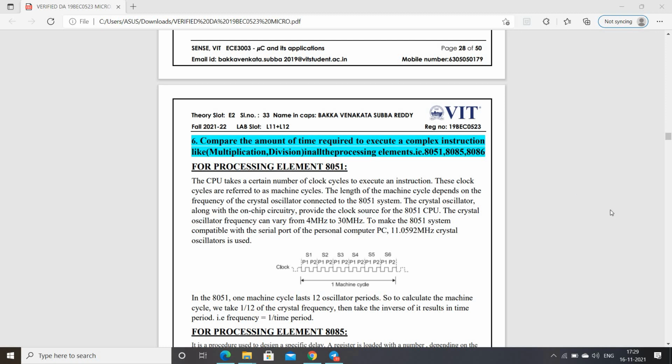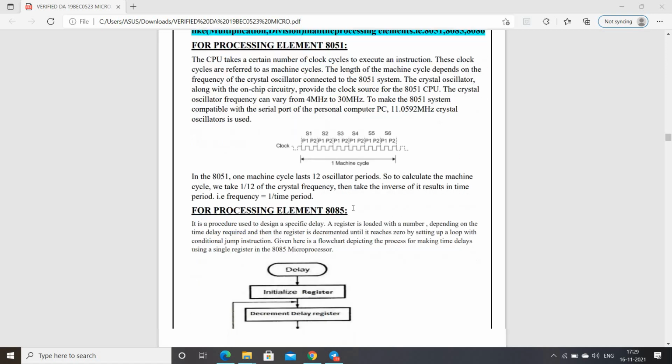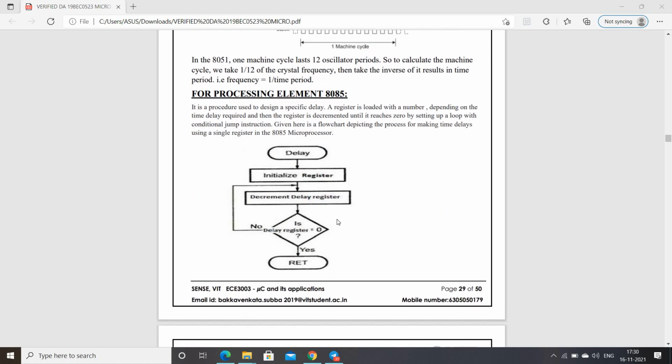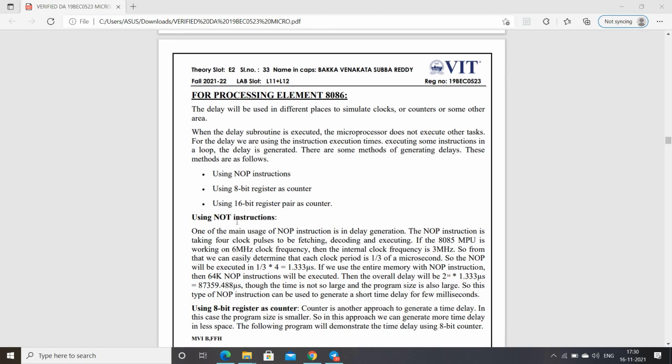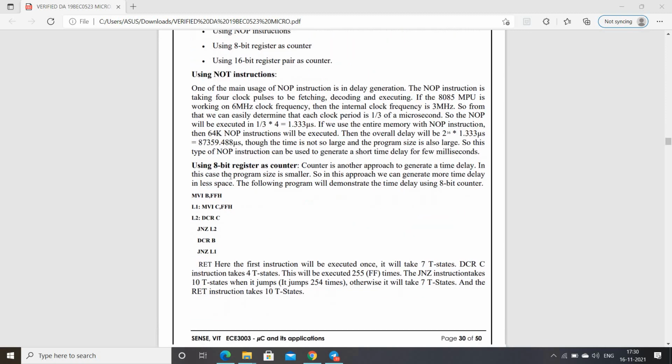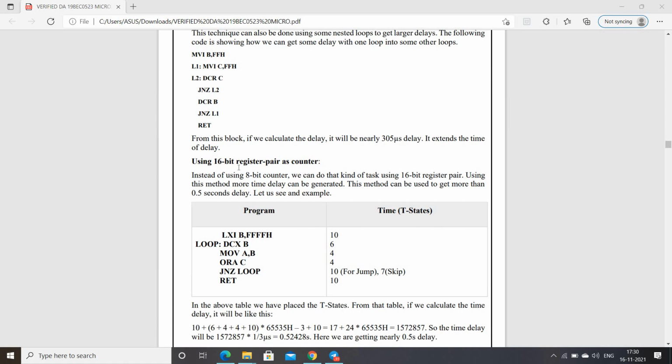For processing element 8051, as you can see here, and for processing element 8085, this is the flowchart explanation of it. And for processing element 8086, using NOT instructions, and here it is using an 8-bit register as counter, and using a 16-bit register pair as counter.